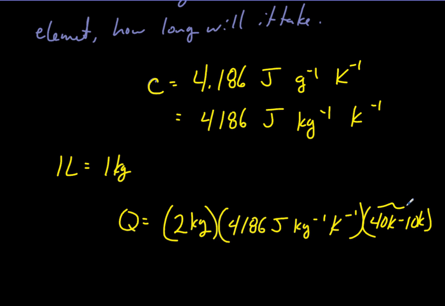So that should work out to be 30K in there. And what units will be left? Well, kilograms are going to cross off, Kelvin will cross off, and we'll just end up with the solution to this, which is 2508.